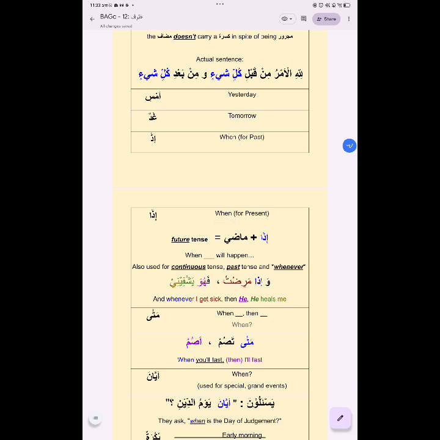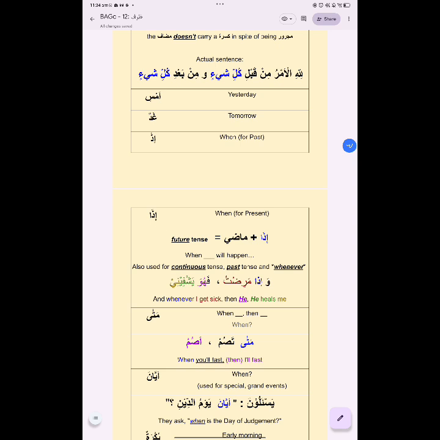However, whenever you need to talk about the past, you use the word idh, and whenever you need to use the word when for the present, you use the word idha. So idh is for past, idha is for present. Idh also means when, idha also means when.